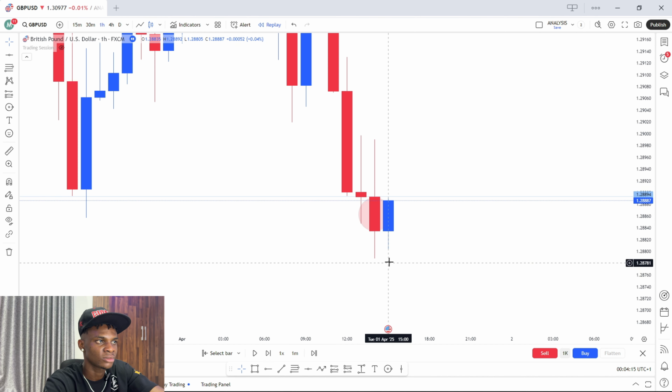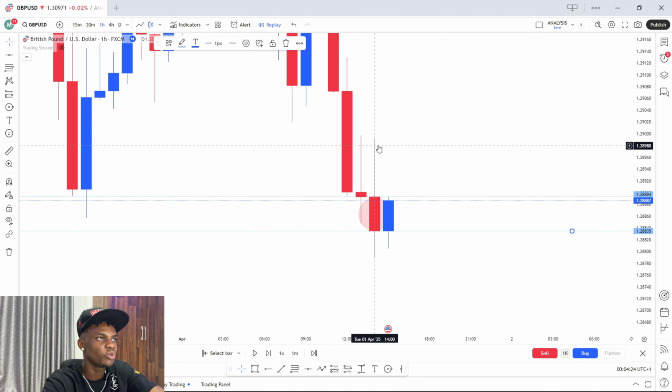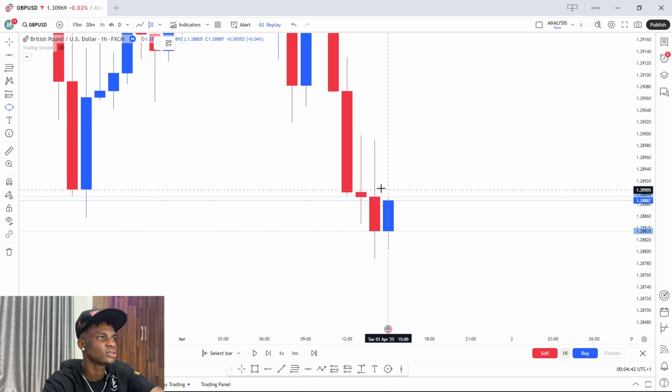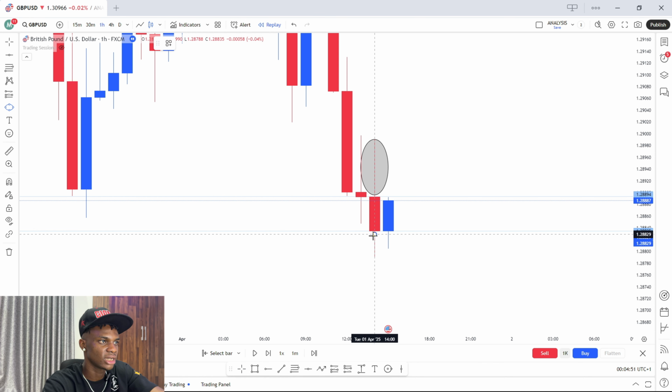Now it has closed. This candle closed at what price? It closed at this price, 1.28835. Created a wick to the upside. It gave us this wick to the upside, then another wick also to the downside.